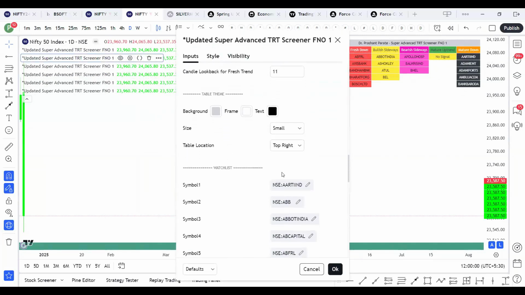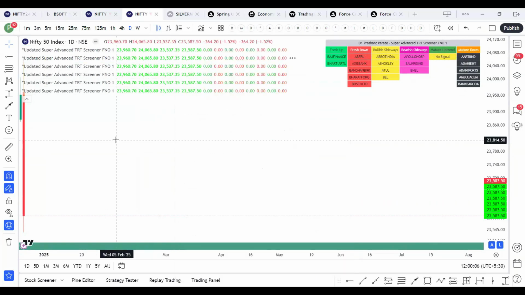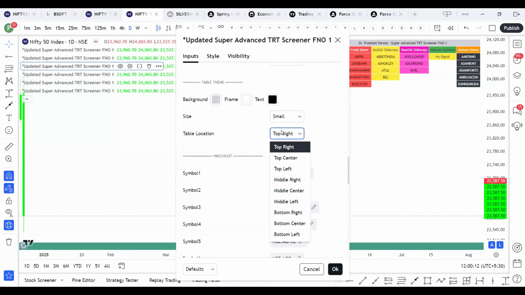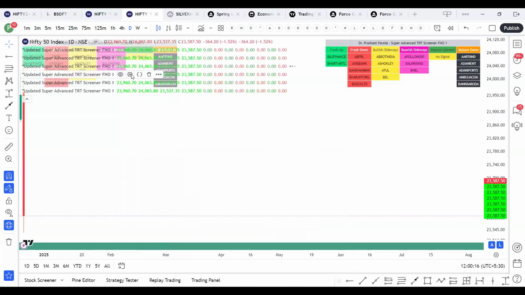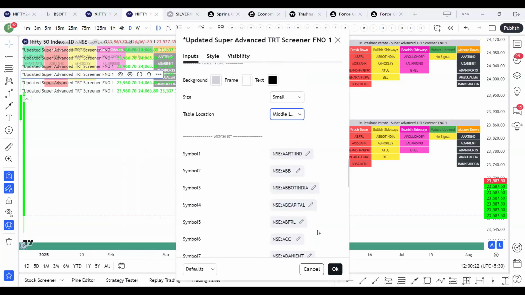You can change the location from here. This size, location: top right, top left, then middle right. Then this will go to middle left.